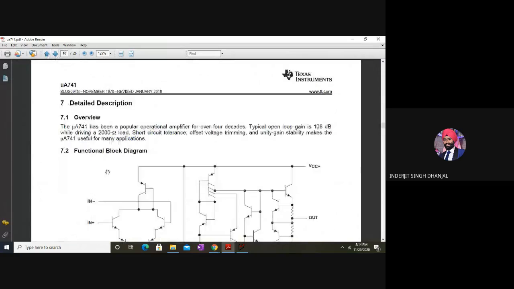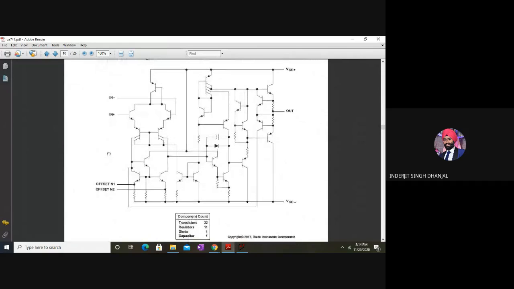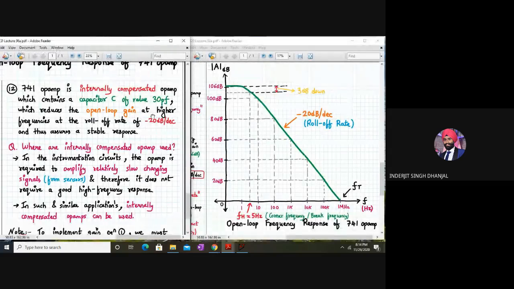This is the functional block diagram, which represents what is there inside the op-amp. There are around 22 transistors, 11 resistors, one diode, and one capacitor. So this one capacitor, what we are talking about, has a value of around 30 picofarad inside the 741 IC. That's why it is called internally compensated.